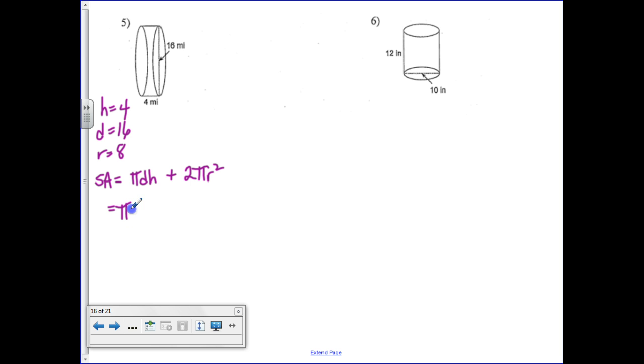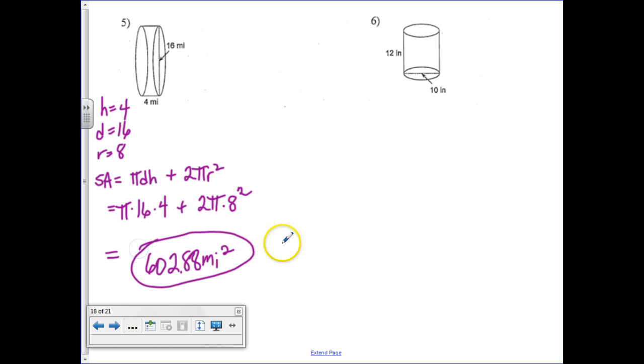So you will take pi times 16 times 4 plus 2 times pi times the radius, which is 8, squared. Grab your calculator, pause the video, see what you get. 602 and 88 square miles.